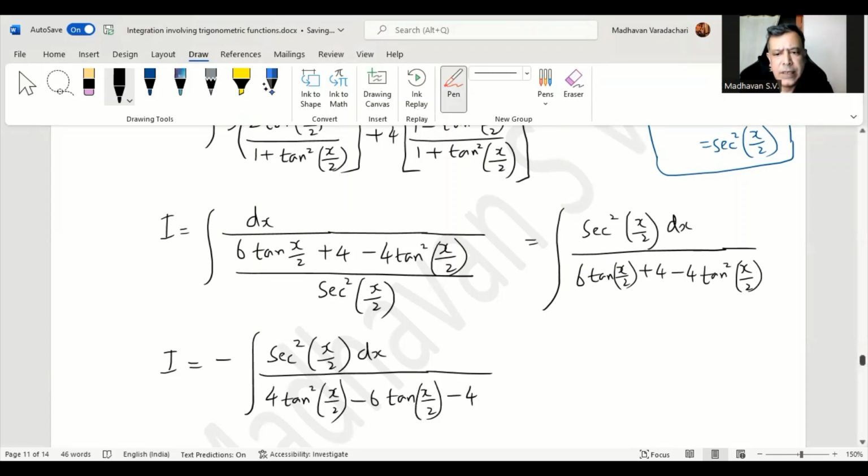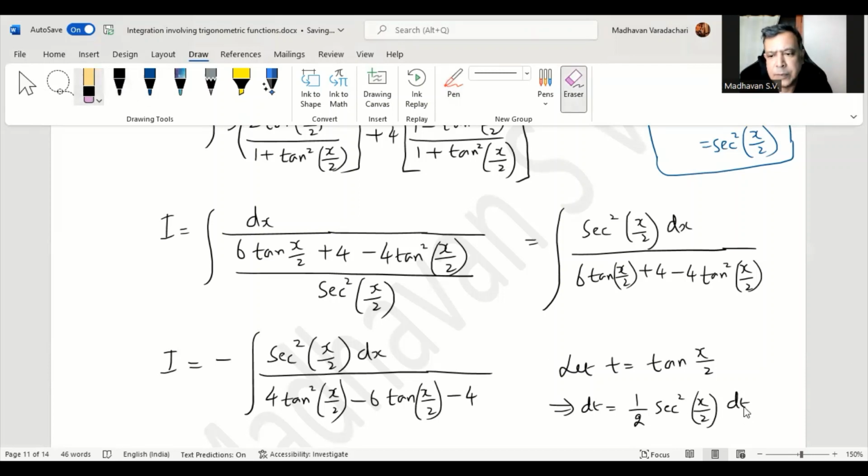Now in this, let t be tan x by 2, which means our dt will be 1 by 2 times secant square x by 2 dx.